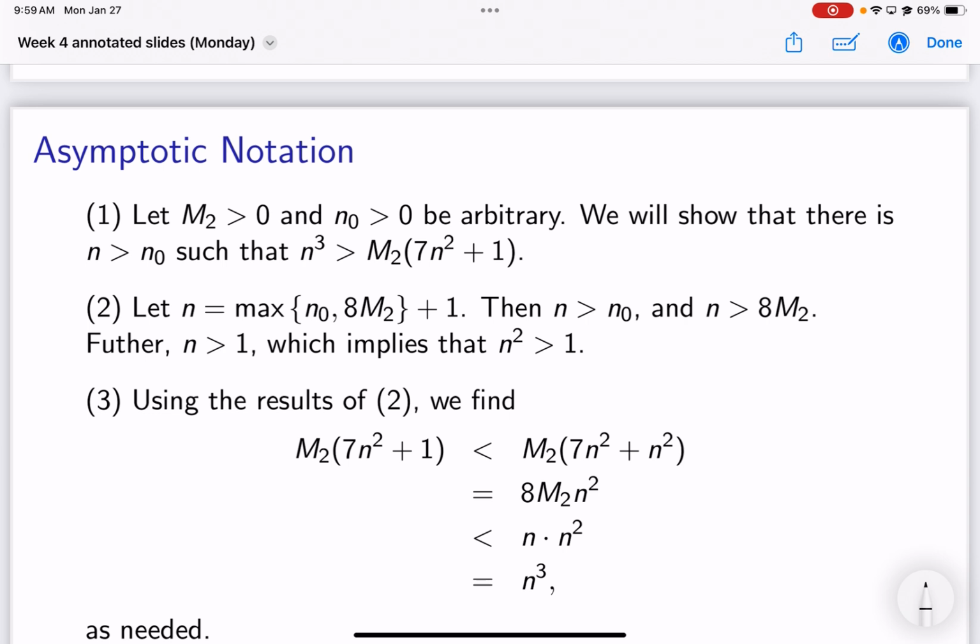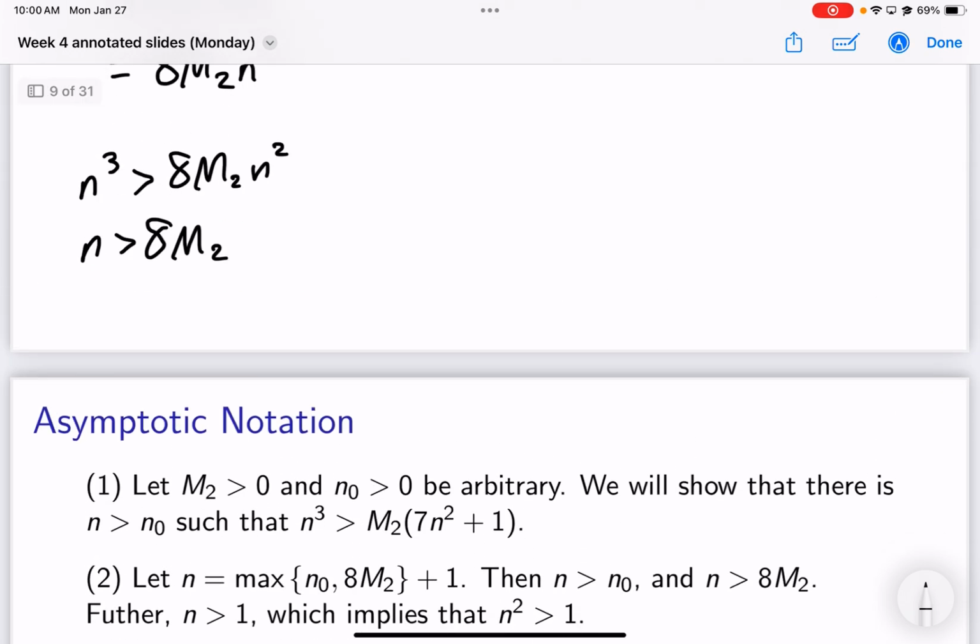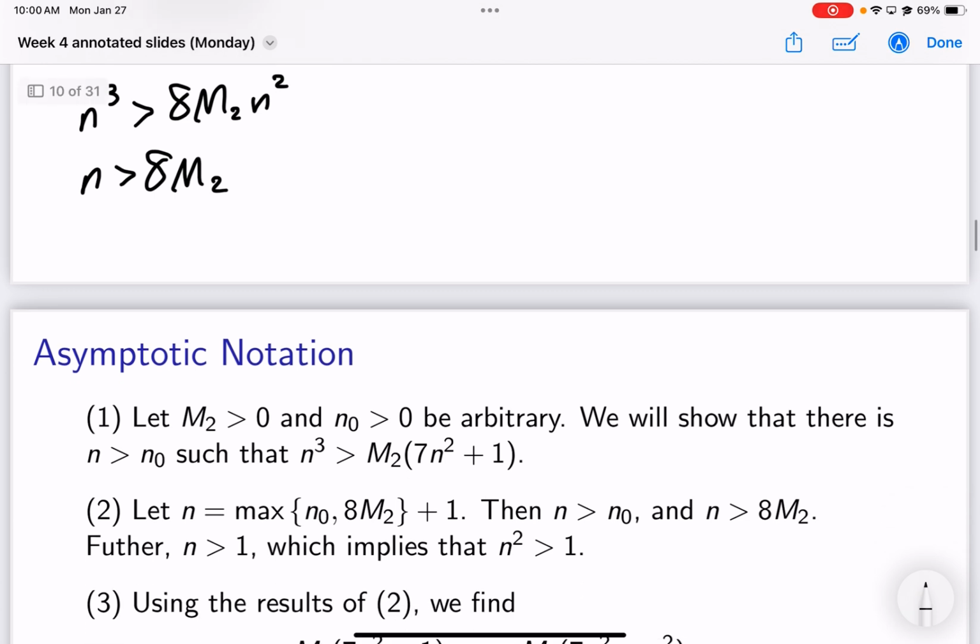We choose n equal to the maximum of n naught and 8m2, all that, plus 1. For reasons that are hopefully familiar, but it's good to repeat these kinds of things: we found in our rough work that n has to be greater than 8m2. So we have that here.